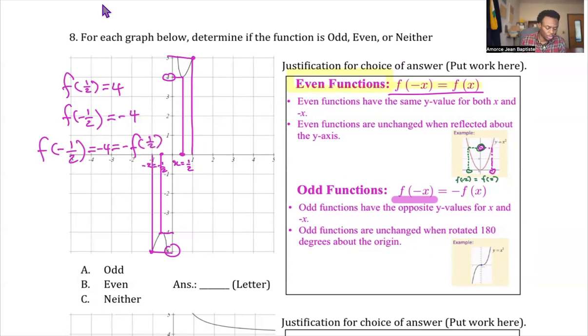Now, what did I just check here? I checked that for x equals -2, f of -2 is the opposite of f of 2, which corresponds to f of negative x equals negative f of x.